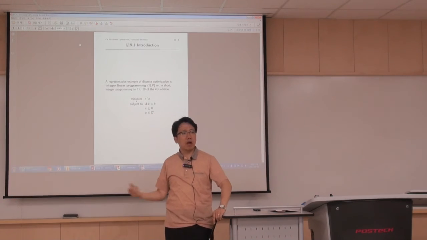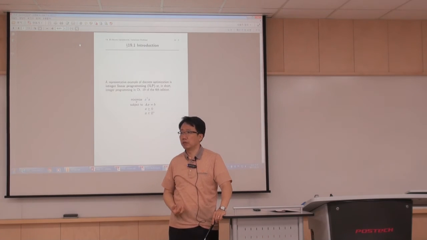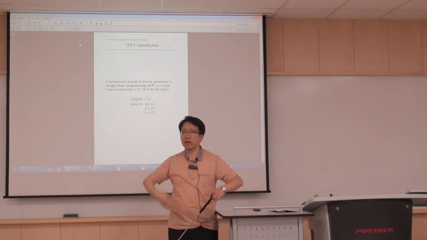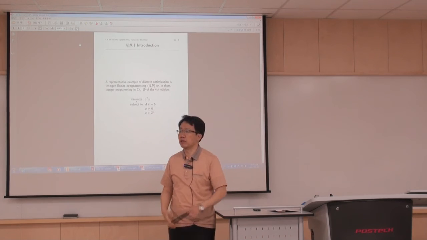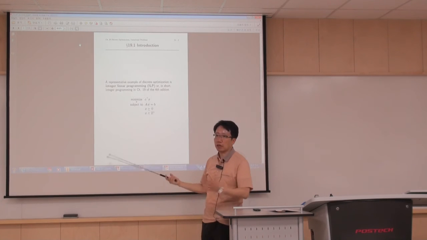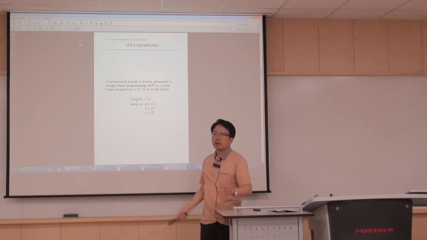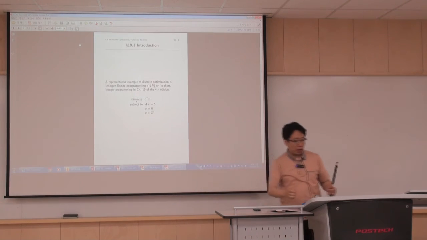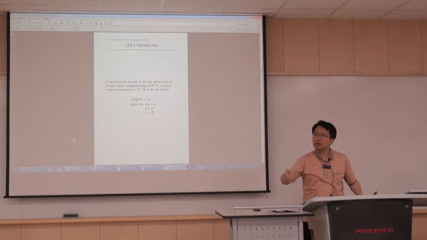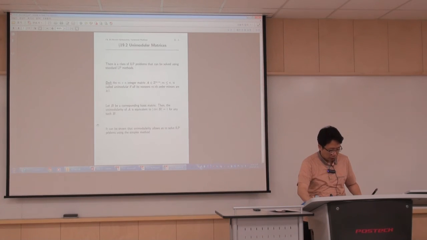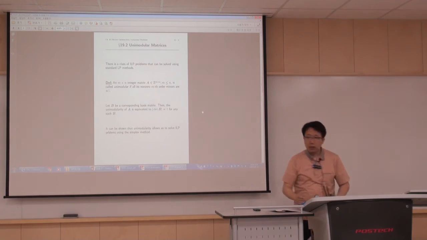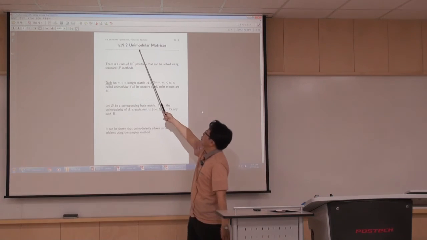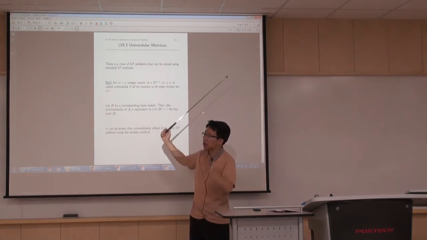Usually, this problem is a combinatorial problem with very exponential complexity if the feasible set is very large. But there is a small subclass of integer linear programming that is provided in this textbook. They introduced the notion of unimodular matrix.